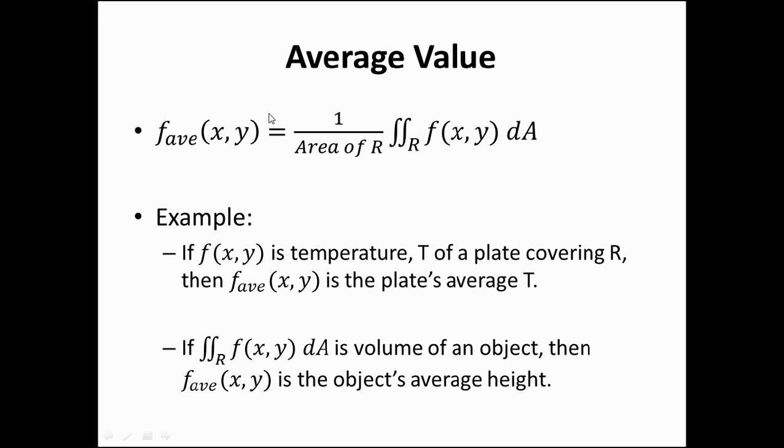So let's say you want to find the average value for each mountain. You want to know what's the mean of the height of each of these hills and valleys, with respect to, say, a meter square.